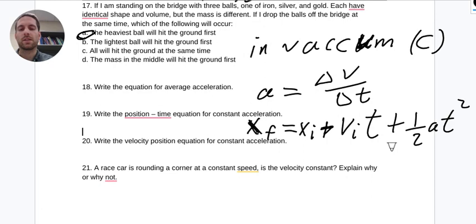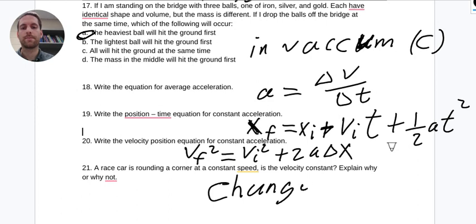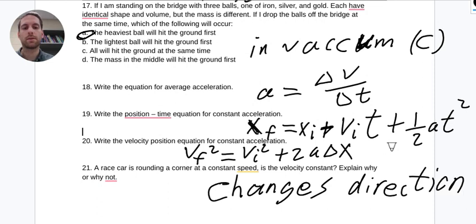The velocity position equation for constant acceleration is vf squared equals vi squared plus 2a delta x. And if we have a race car that's rounding the corner at constant speed, the velocity is not constant because it is constantly changing direction, which changes the velocity value. So changes direction. So no.